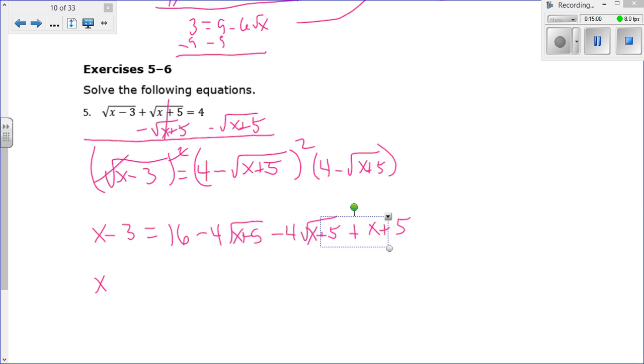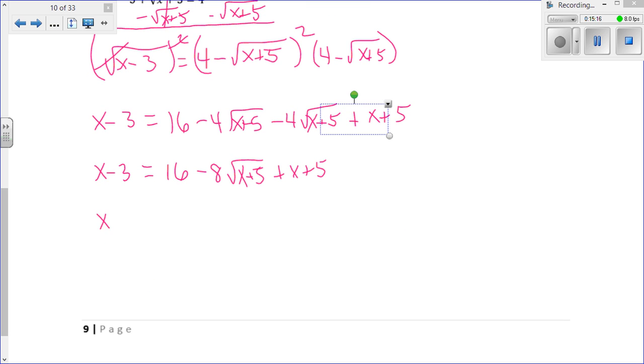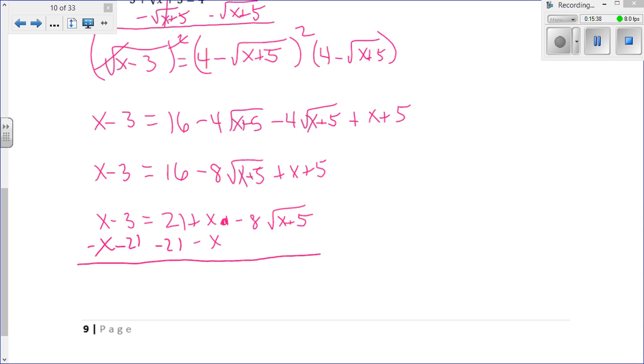So let's clean this up. X minus 3 equals 16 minus 8 radical x plus 5 plus x plus 5. So I can still clean up even more. So I have x minus 3 equals 21 plus x minus 8 radical x plus 5. Now I'm going to subtract x from both sides. And I'm going to subtract the 21 from both sides, get this radical alone.